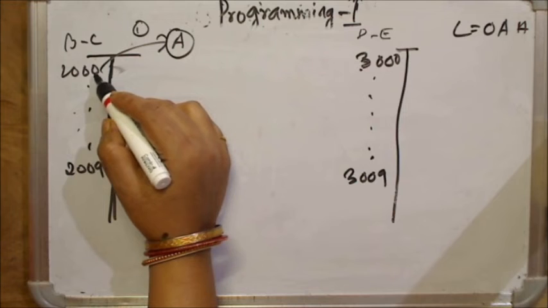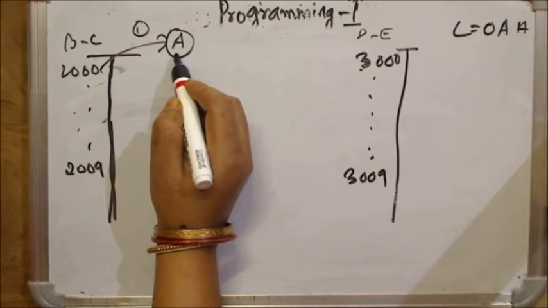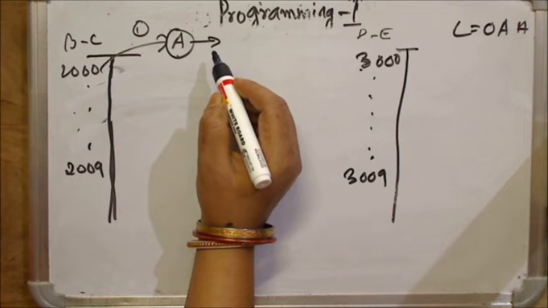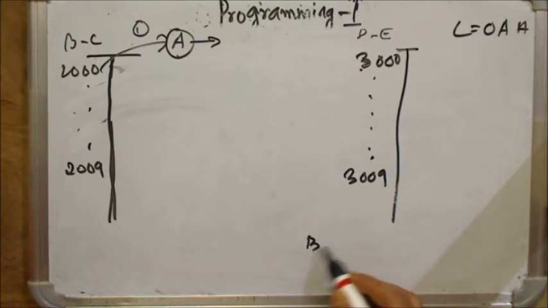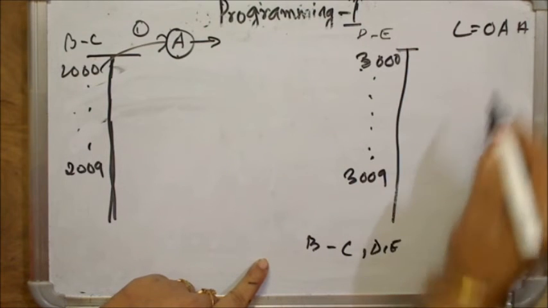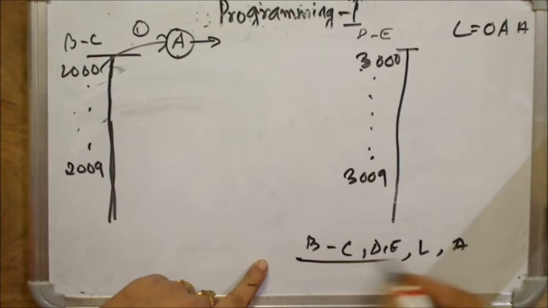Take the data pointed by 2000 into A. Now transfer the data into some other register. Be careful about the registers. You have used BC, you have used DE, you have used L, you have used A. So what is left?